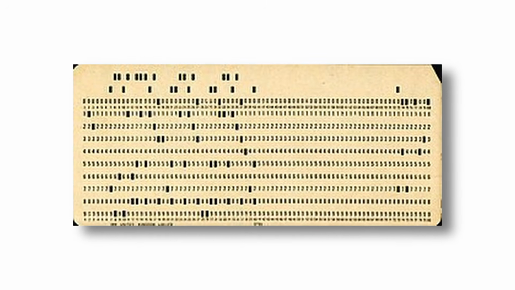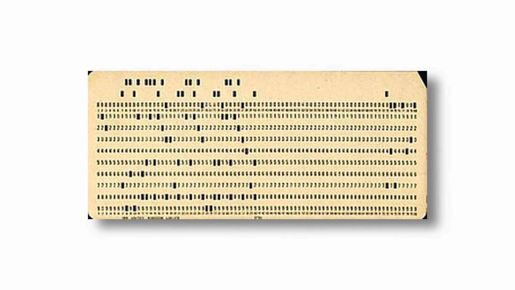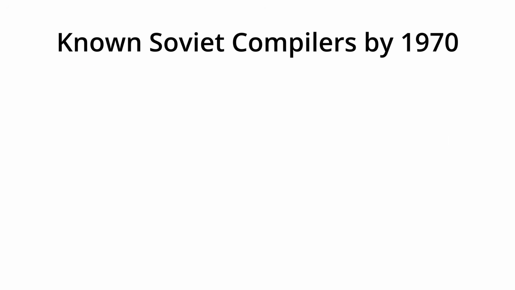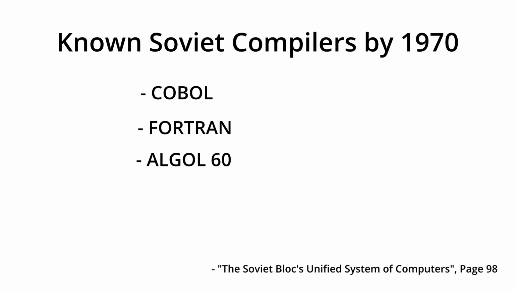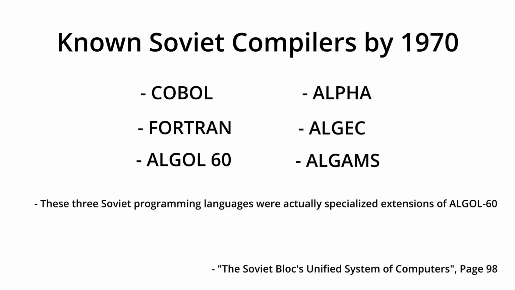Thanks to this fact, most Soviet programming was done in assembler or even machine language, even though by 1970 there were at least 2 COBOL compilers, a few Fortran compilers, and a couple ALGOL 60 compilers, to say nothing of Soviet-specific compilers for Soviet programming languages such as Alpha, ALGEC, or ALGAMS, all available for pretty much every Soviet system, although as previously mentioned they would have to frequently be customized for each individual system.